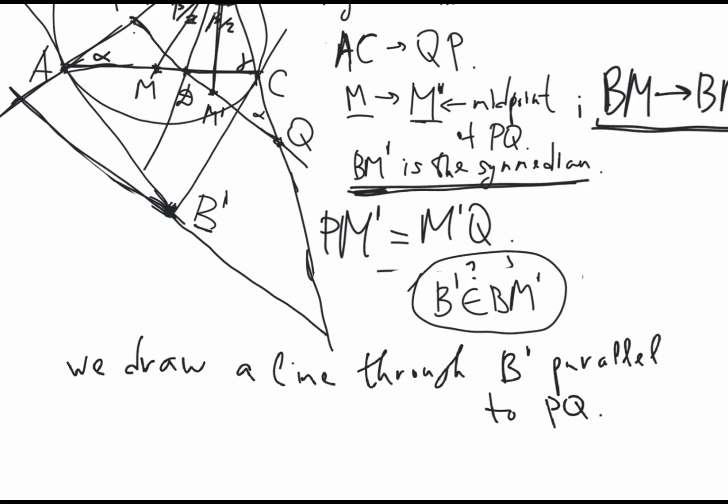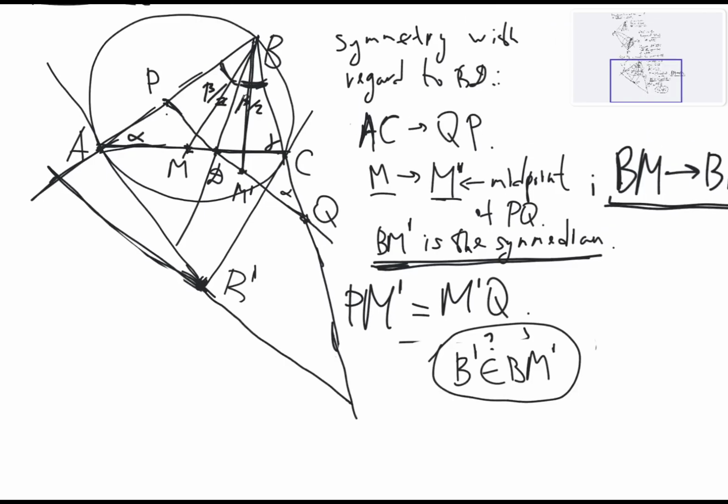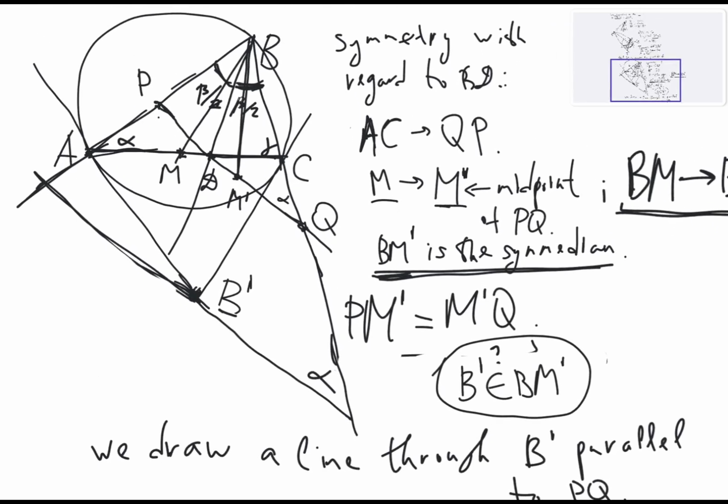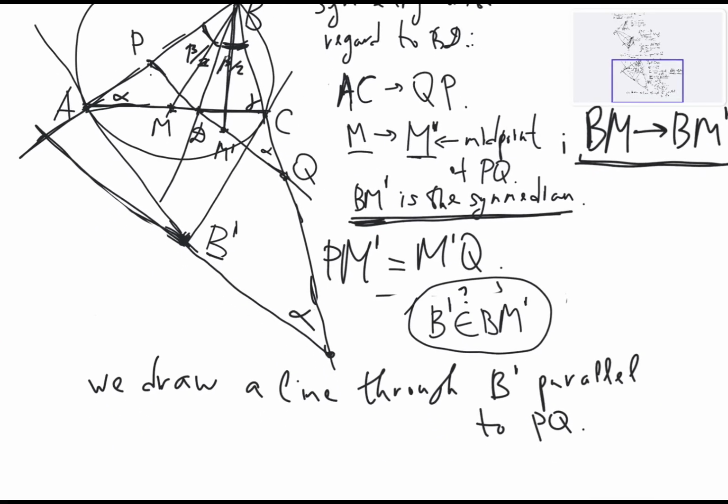Then this angle would be also alpha, right? Because PQ is parallel to this line. Let me denote the points: this would be T and this would be S.